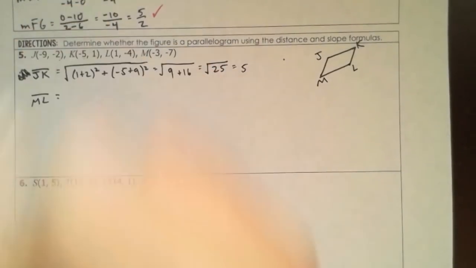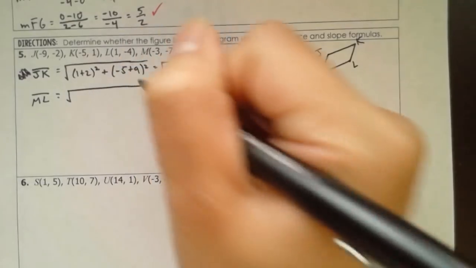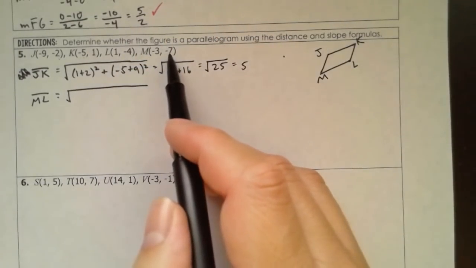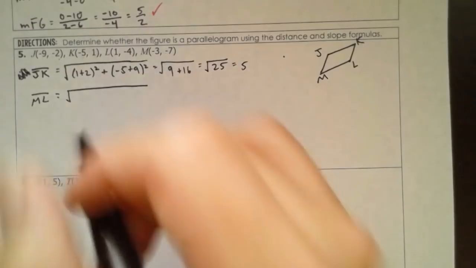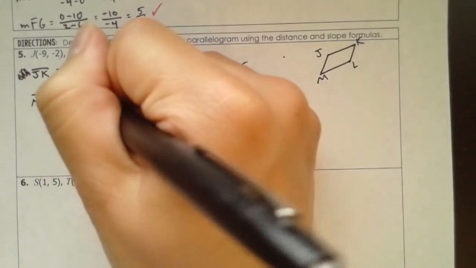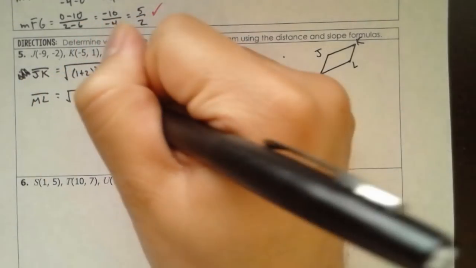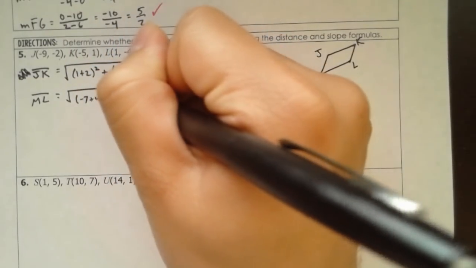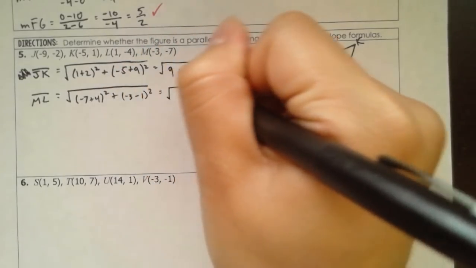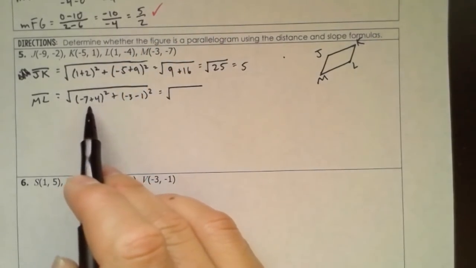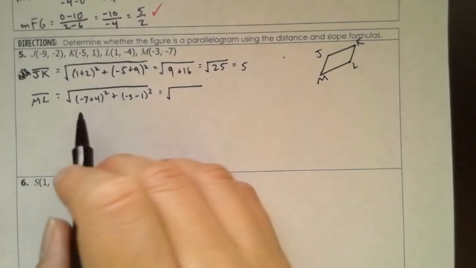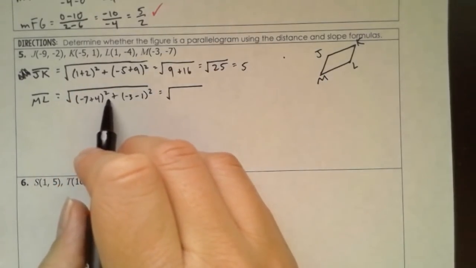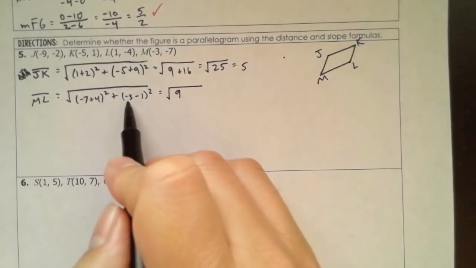So ML, we use the distance formula, there's M and L, and then Y2, let's just call this one Y2, Y1, so -7 minus -4, and then minus negative becomes plus 4 squared plus -3 minus 1 squared. -7 plus 4 is -3, -3 squared is positive 9, -3 minus 1 is -4, -4 squared is 16.